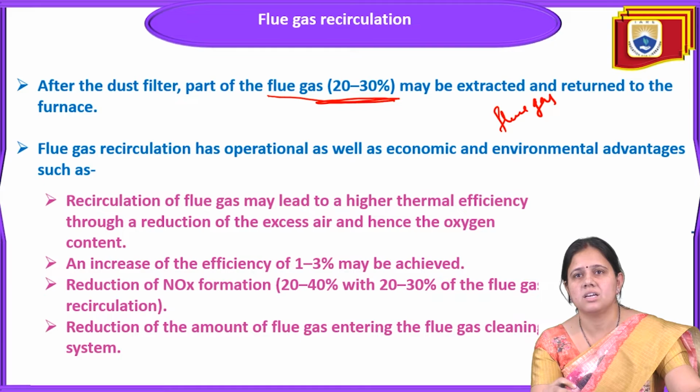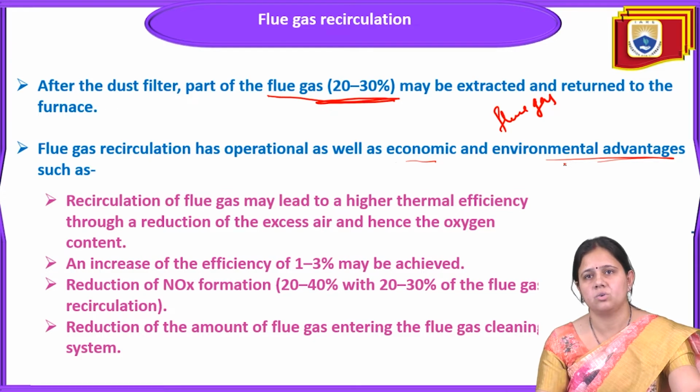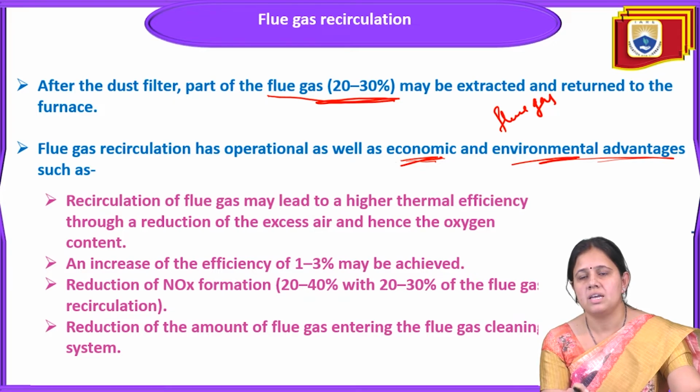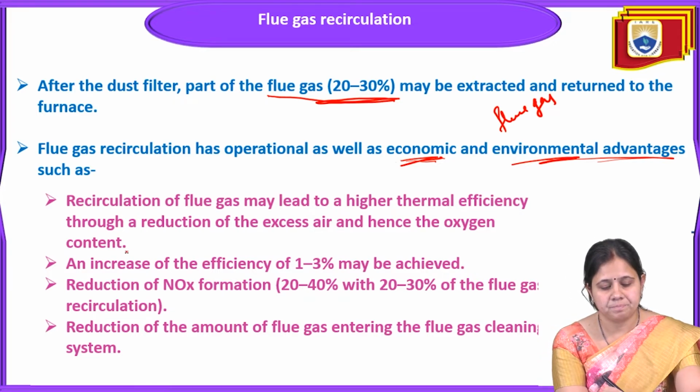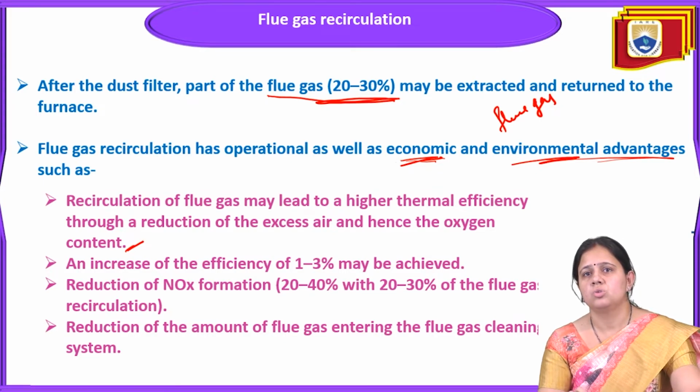Flue gas recirculation has operational as well as economic and environmental advantages. Economically, the recirculation of flue gas may lead to a higher thermal efficiency through a reduction of the excess air, and hence the oxygen content.